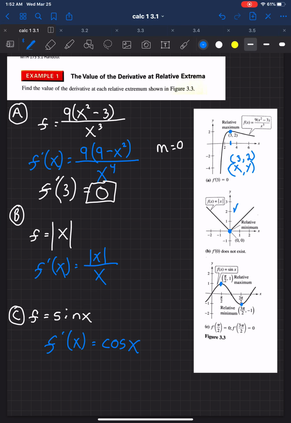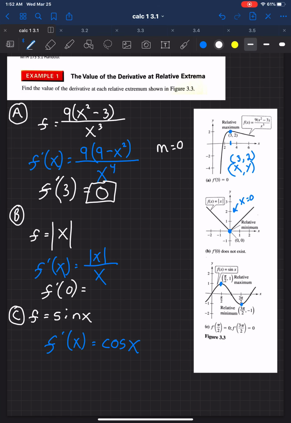But what we have in this case is when x equals 0, there's definitely a relative minimum. Now our question is, what does the derivative look like? So you would be asking, what does f prime of 0 look like? Well, if you plug in 0, you've got a problem, and that problem is not going to be resolved.